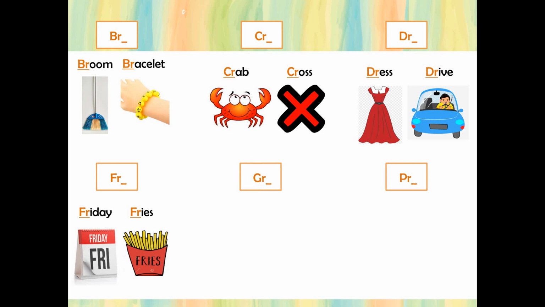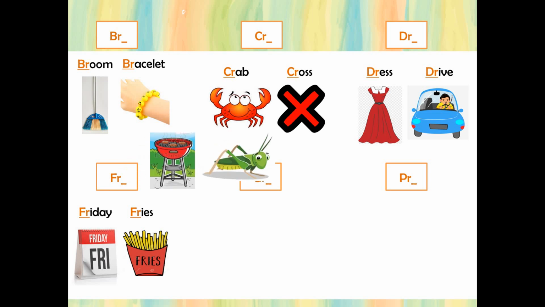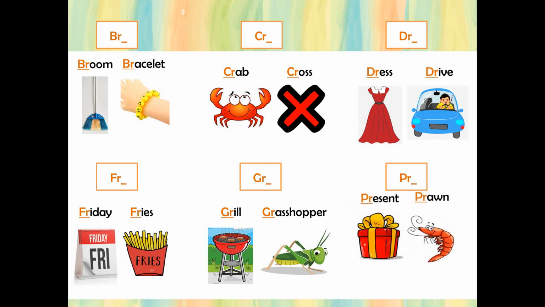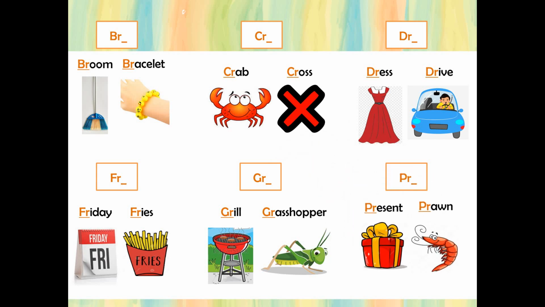And then gr, you also need to find 2 words that start with the sound gr. For example, grill and grasshopper. In the sound pr, you also need to find 2 other examples of words that start with the sound pr. For example, present and prom.